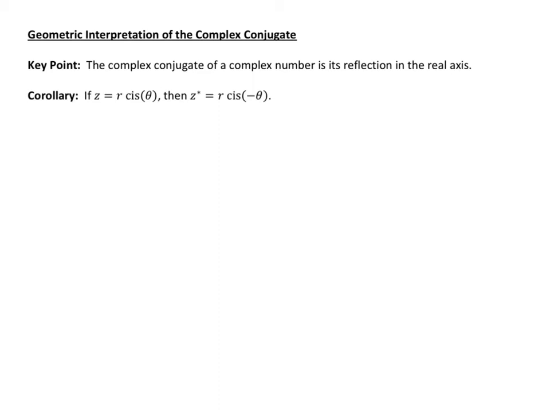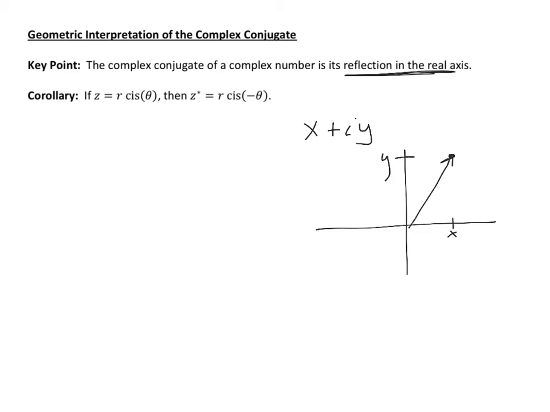So what does this mean for Argand diagrams? The key point here: the complex conjugate of a complex number is its reflection in the real axis. And this shouldn't be super surprising. If you had x plus iy, it would be x in this direction and y in this direction. And so there's that complex number, x plus iy.